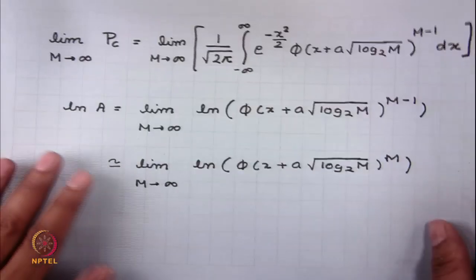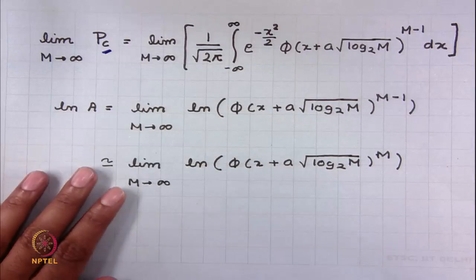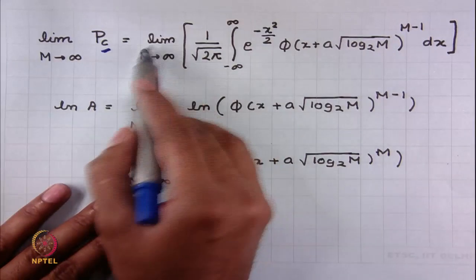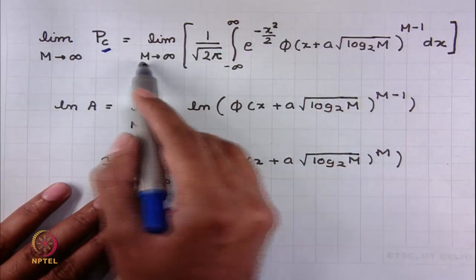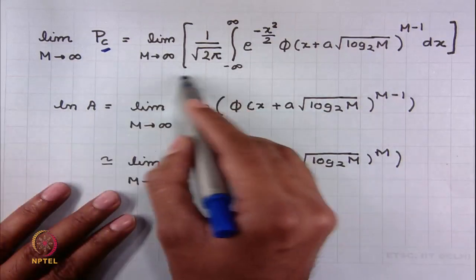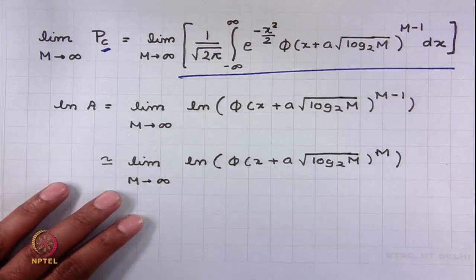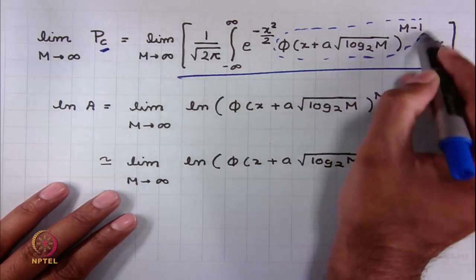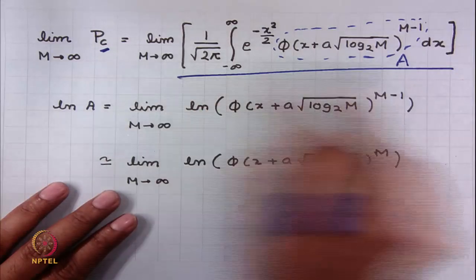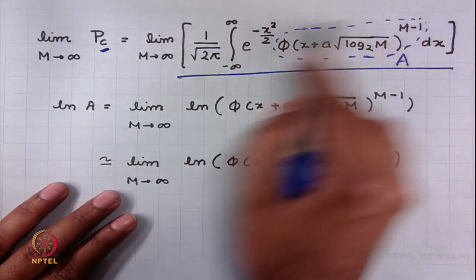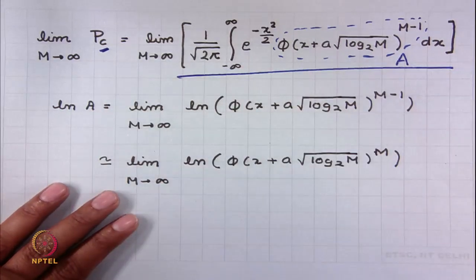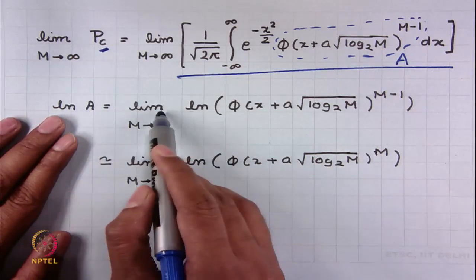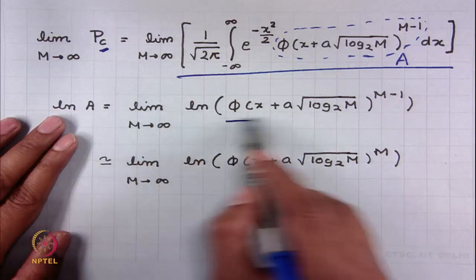So, the question that we want to ask is, what is the probability of being correct if m tends to infinity? You have to ask this question in a limiting sense. So, you want to make m tend to infinity, and you have to solve this limit. What we want to do is define this quantity, when m tends to infinity, as a, and so ln a is simply the limit when m tends to infinity of ln of this quantity.